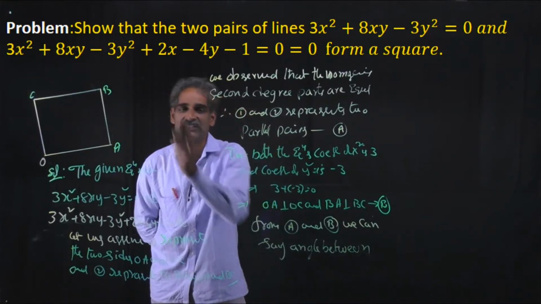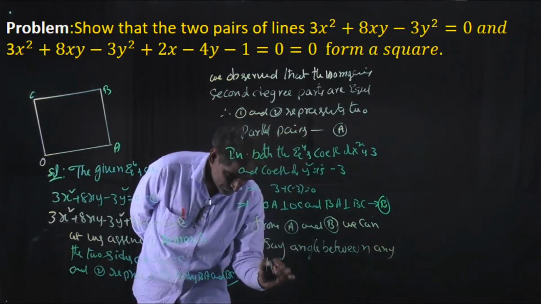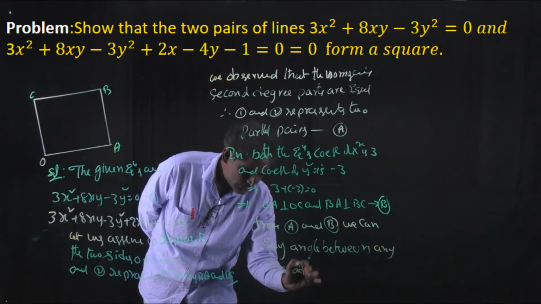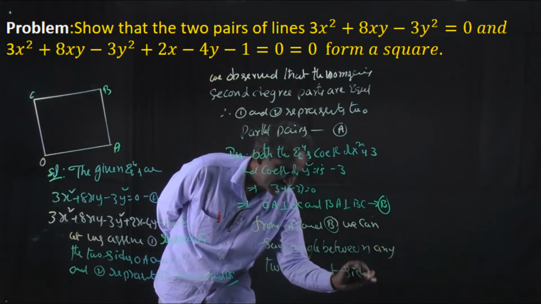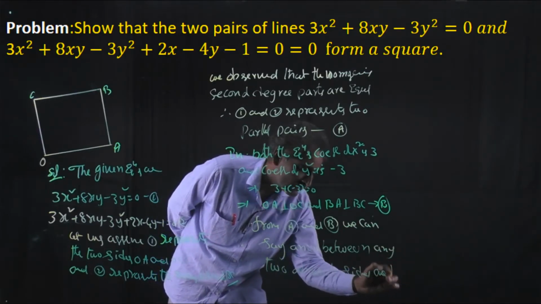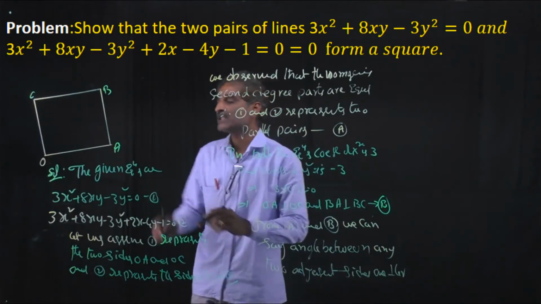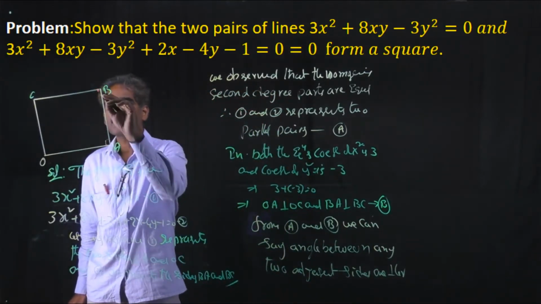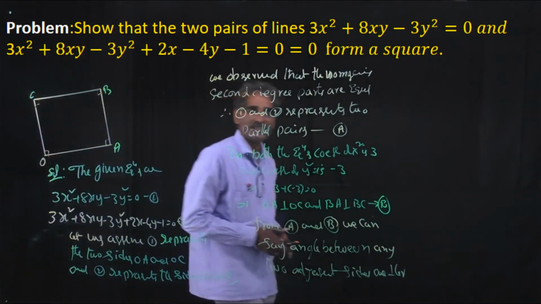Any two adjacent sides are perpendicular, which means all angles are 90 degrees.